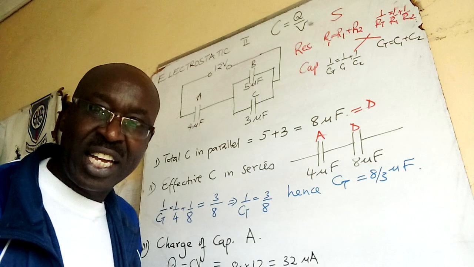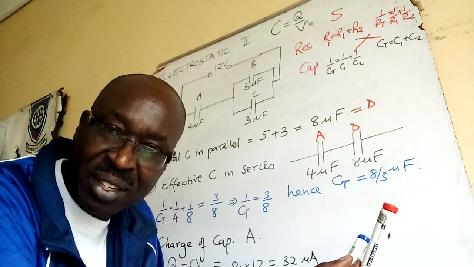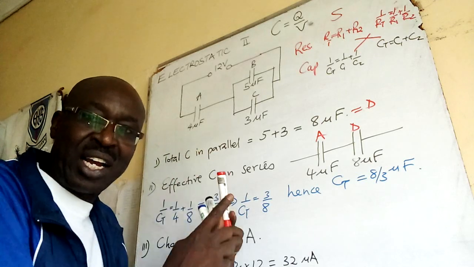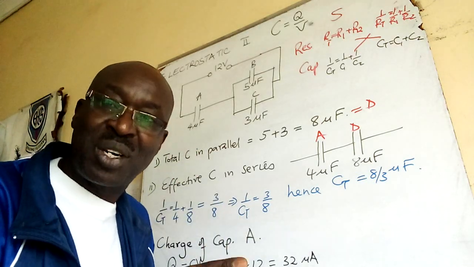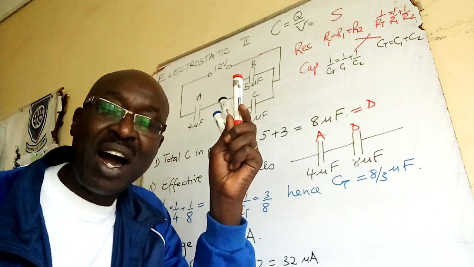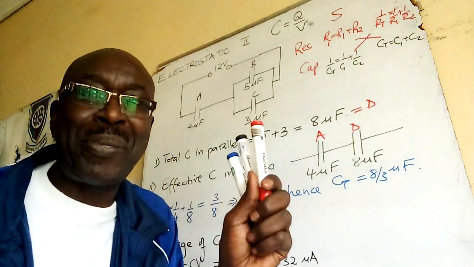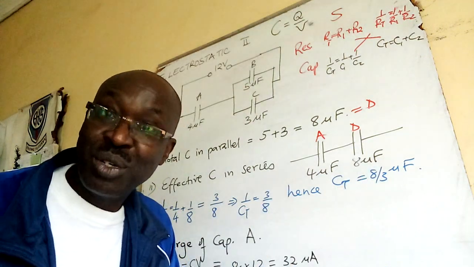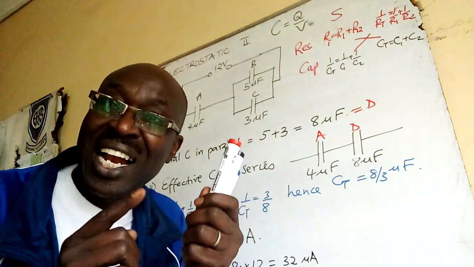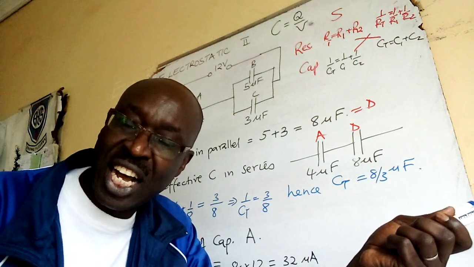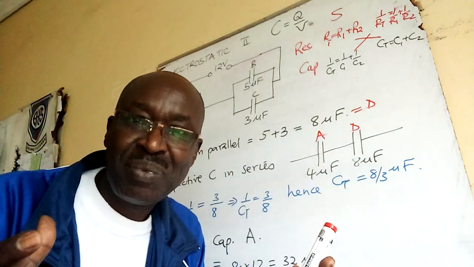Just like you'd get effective resistance, if you have V and you have R, you should get what? I. Now, the same thing: you have total capacitance, then you have voltage. You should get current. And if you understood how current flows in resistors, pick it.